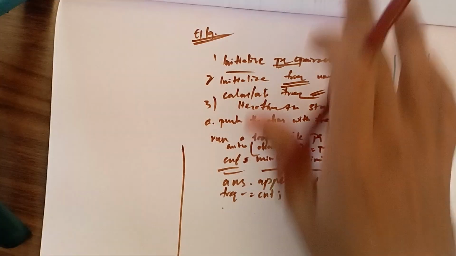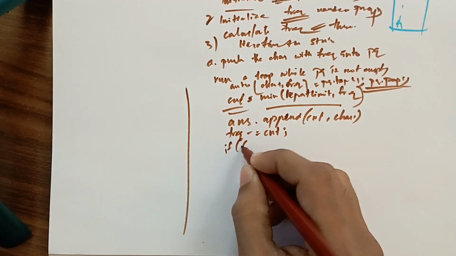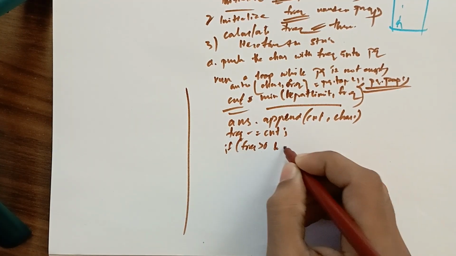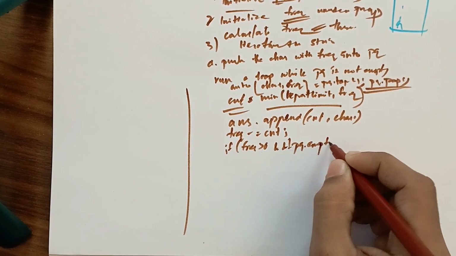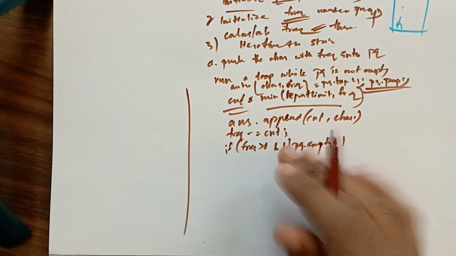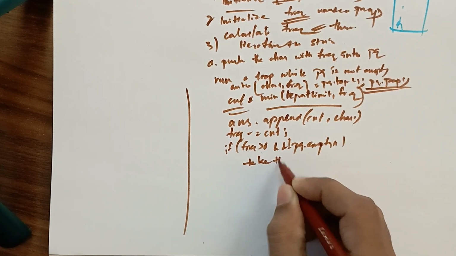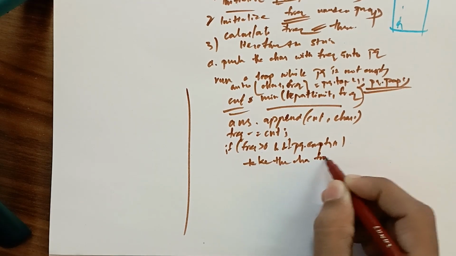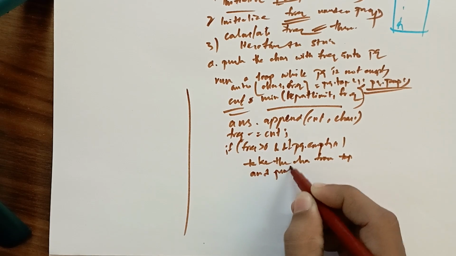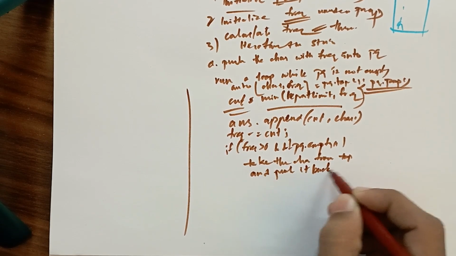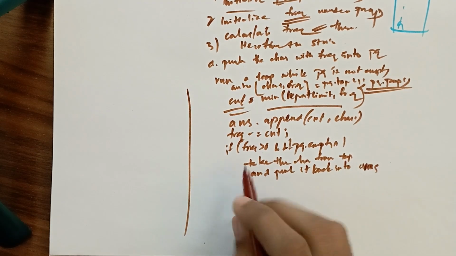So as I said, if the frequency is greater than 0 and the priority queue is not empty, then we need to take the character from the top and push it into our answer.